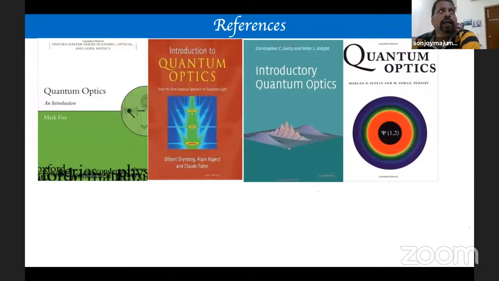Let me tell you the references which I'll follow. They are books written by famous scientists and experimentalists. I think Mark Fox's book was available first, according to history, and it is very nicely written, having both theory and experiment. Books by Gilbert Grynberg, Alain Aspect, and Claude Fabre are excellent and explain everything from first principles.